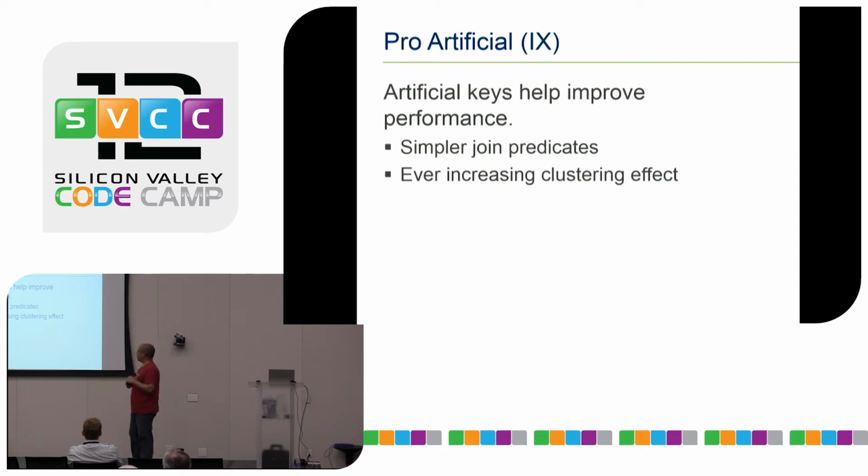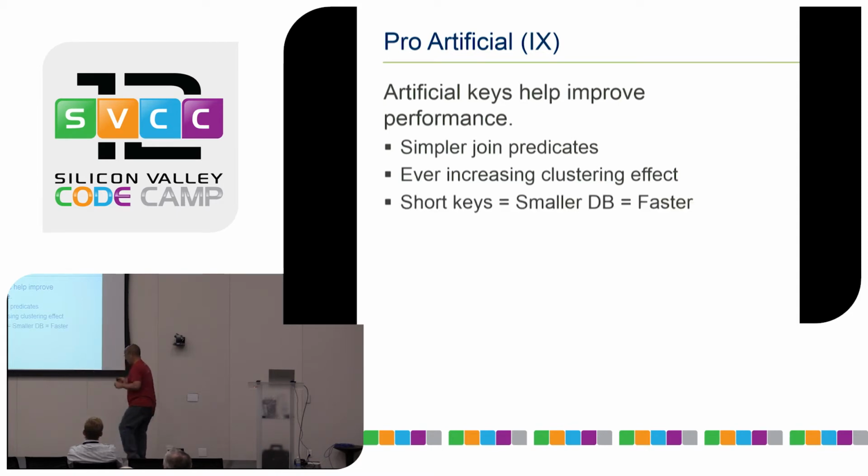In SQL Server, how many people here work with SQL Server? How many Oracle? Okay. So most of you are SQL. I'm not sure if you're familiar with the ever-increasing clustering effect. Whenever you have a column that is always increasing in value, that means that the last page of the table is always going to be in cache, because it's frequently used.